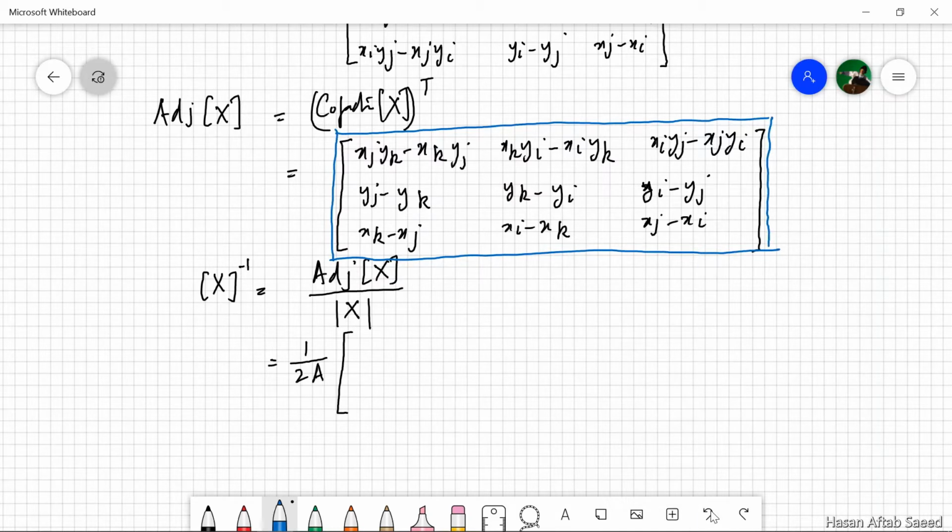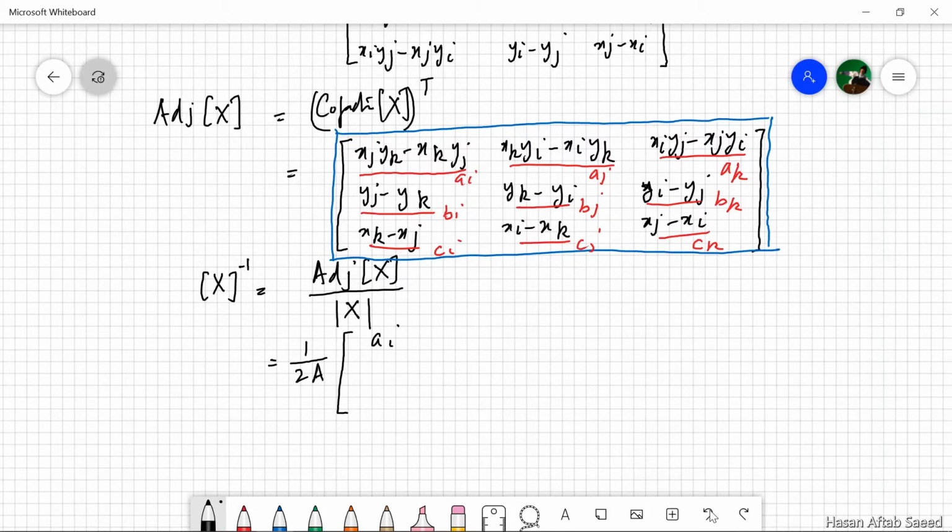But instead of writing this complicated expression, let's call this ai, let's call this one aj, this one ak, bi, bj, bk, ci, cj, ck, which means that we can just simply write Ai, Aj, Ak, Bi, Bj, Bk, Ci, Cj, and Ck.